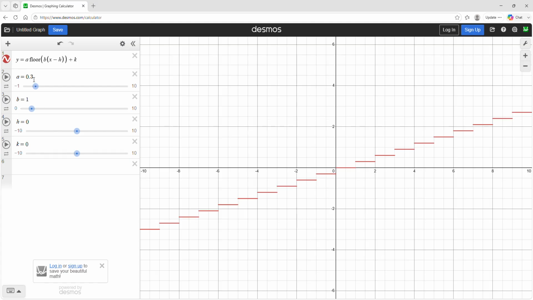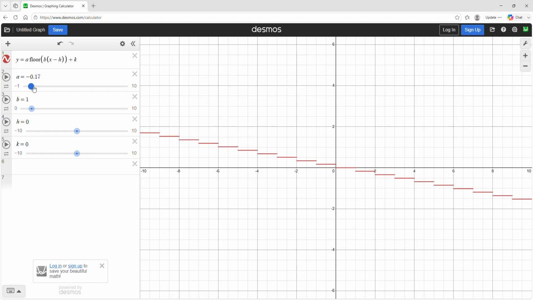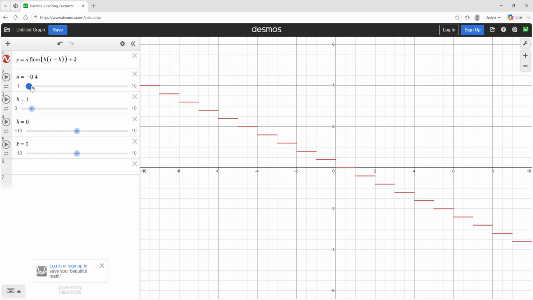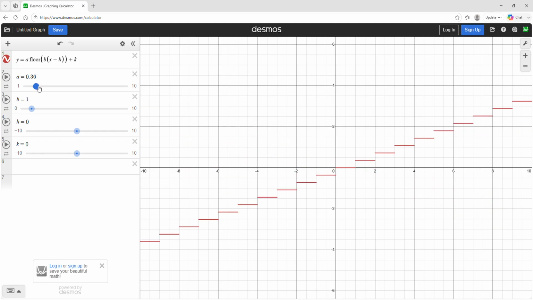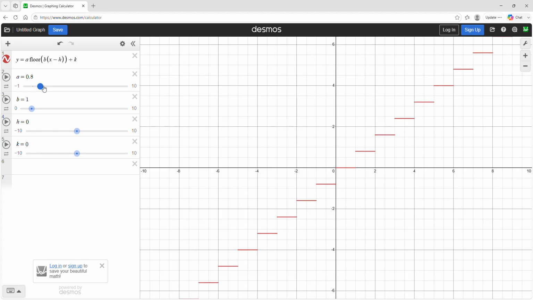This is called a vertical compression because we're shrinking it down vertically. If you make it negative, it goes the other direction, not that we really care about that. But that's what changing the a value does. The bigger or smaller you make it, the more it's stretched or compressed.